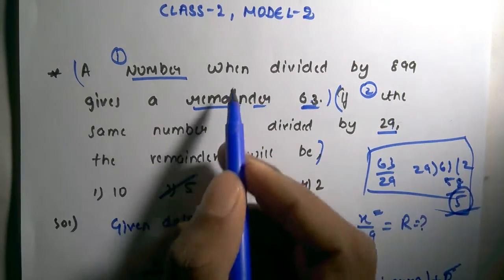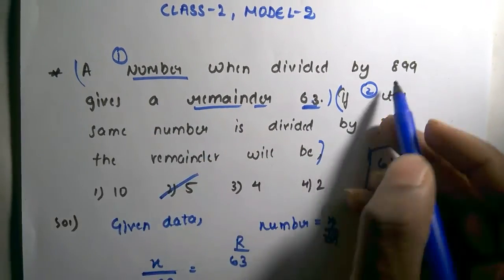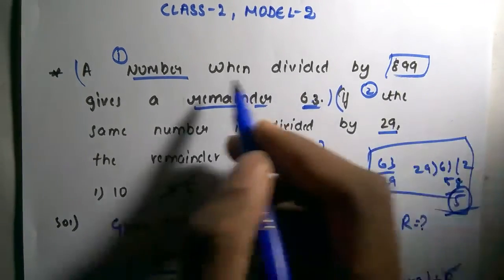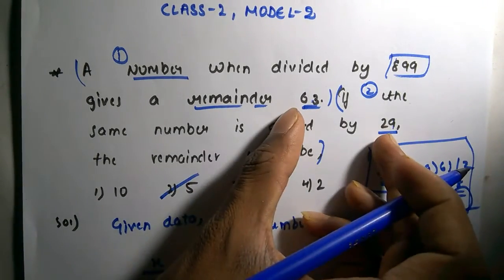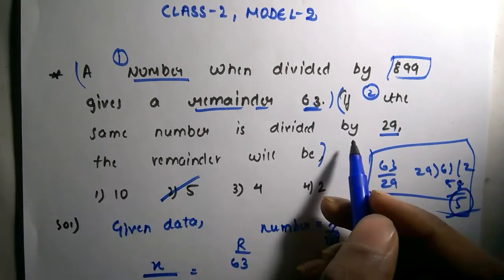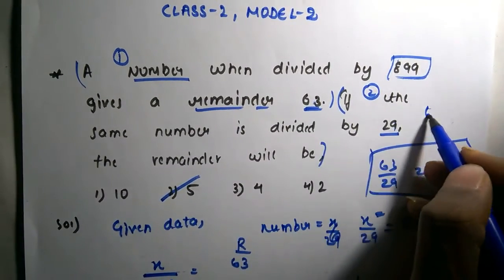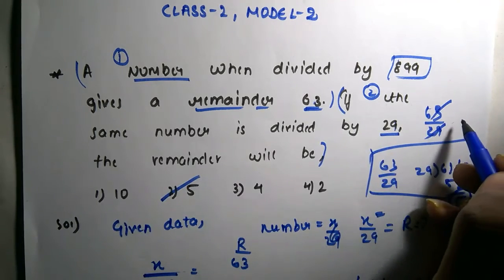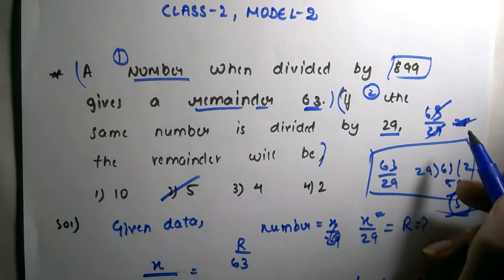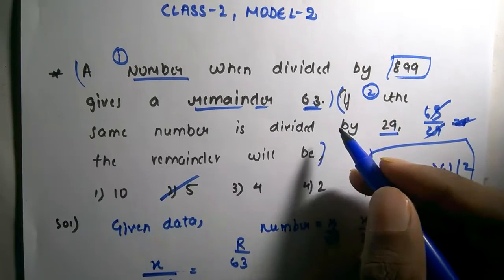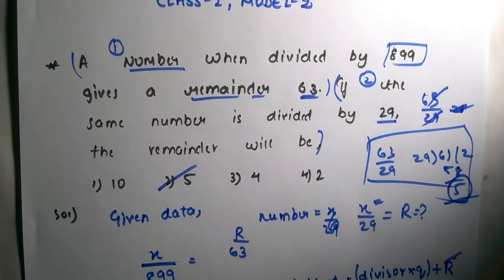There will be 3 values in this question: this big value and 2 values which are given to you in the question. You have to divide the first of these 2 values by the second, 63 by 29, and you will get the remainder as 5. So this is a small trick, guys. Apply this trick so that it will save some time.